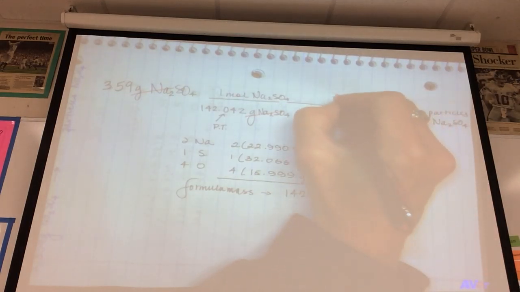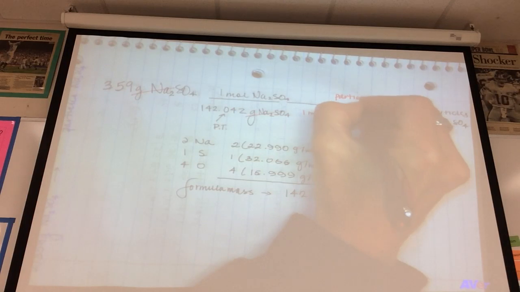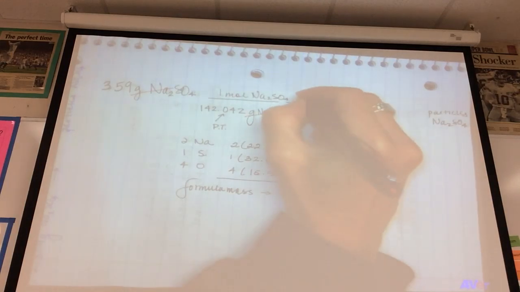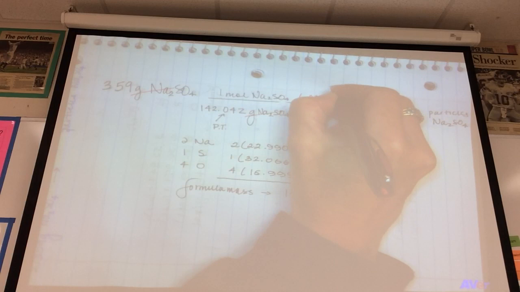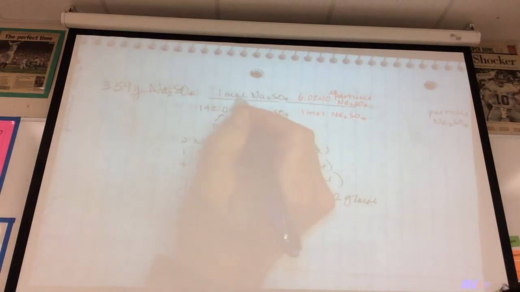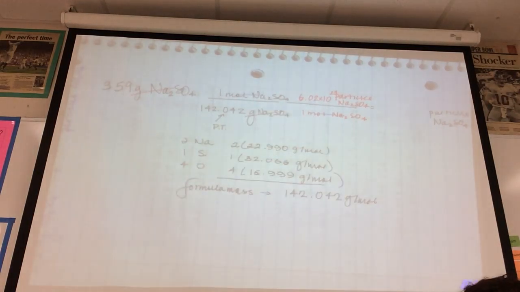And for particles, what number always goes with particles, atoms, or molecules? Avogadro's constant. And it's particles now instead of atoms because you've got an ionic compound. Multiply the numerators, divide by the denominator.